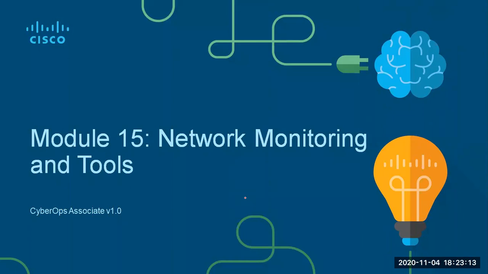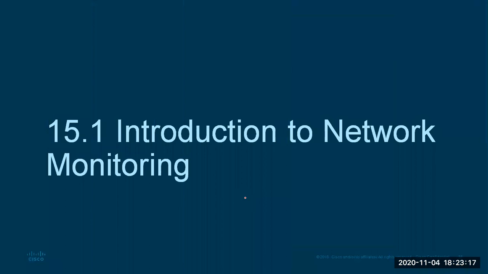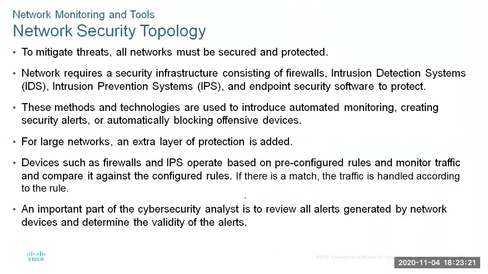Now, what does Network Monitoring, Module 15, have to say? There are certain tools that can be used to monitor the network. To mitigate threats, all networks must be secured and protected.